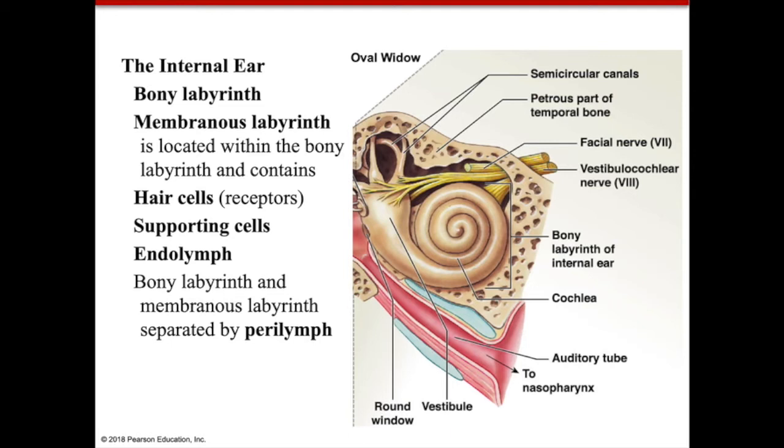We'll have the receptors for the sound, which are actually the hair cells, and you have fluid circulating, which is the endolymph and the perilymph. So the vibration is passed onto the cochlea, and the goal of this vibration is to change the activity of the hair cells. So let's see how this happens.